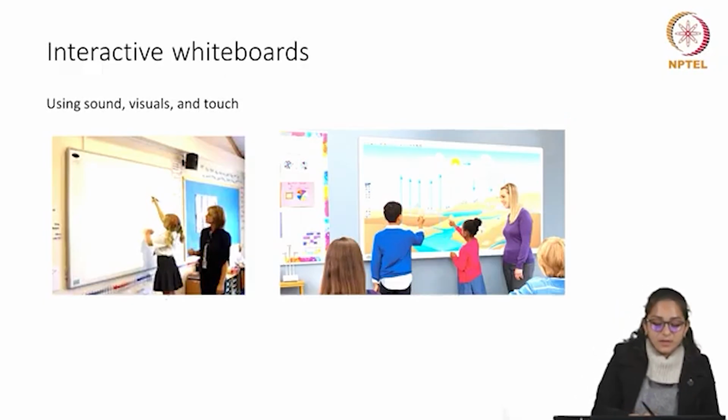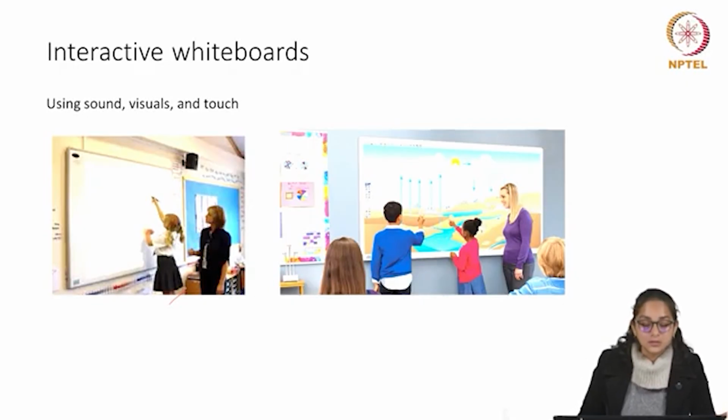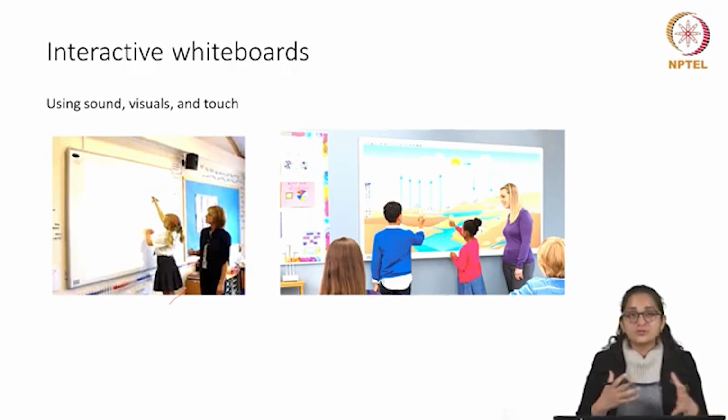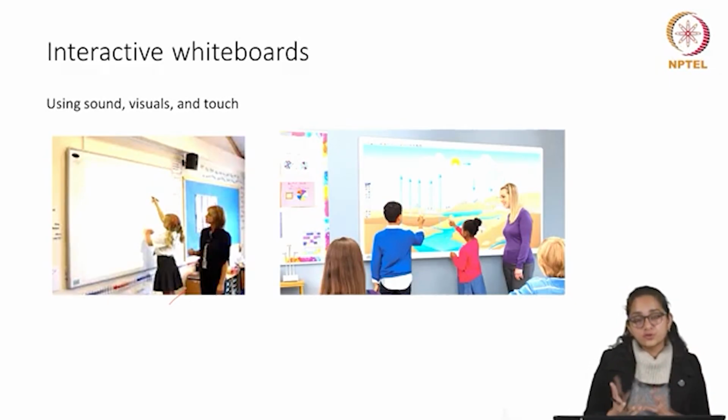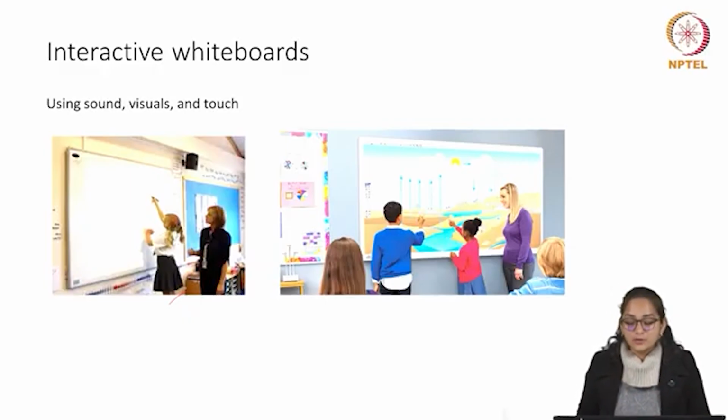And smart boards are something which is already implemented in a lot of classrooms around the globe, including India, and that enables real time visual, auditory, and tactile feedback for engagement. It's more fun for children as well as teachers to engage with.